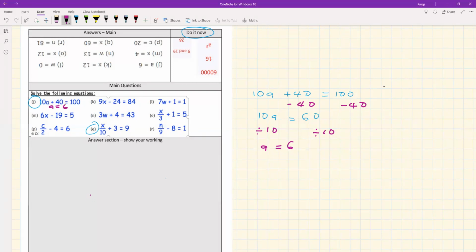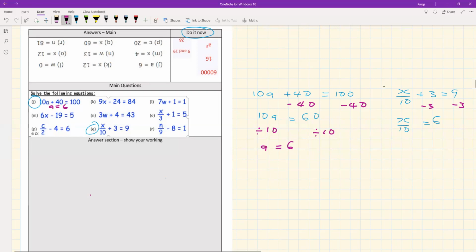And then Q3, we've got x over 10 add 3 equals 9. We do the inverse, take away 3, take away 3, and we have x over 10 equals 9, take away 3 is 6.